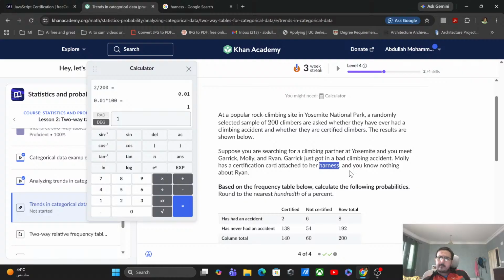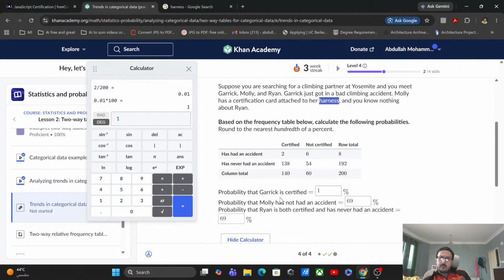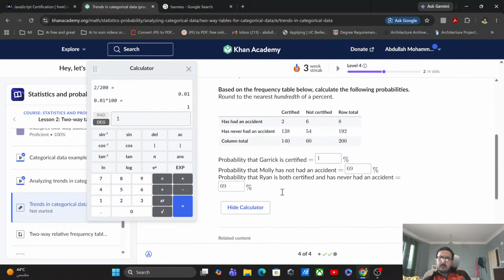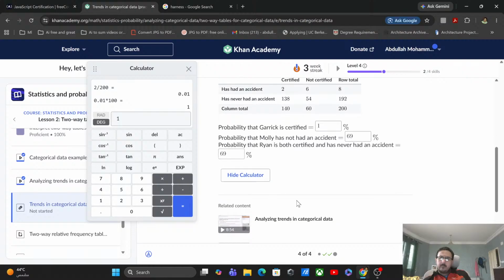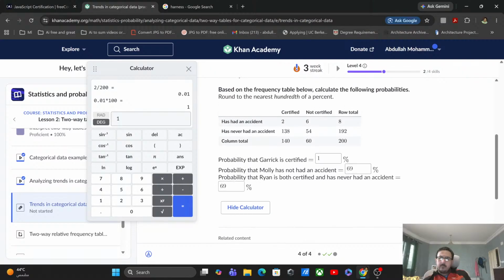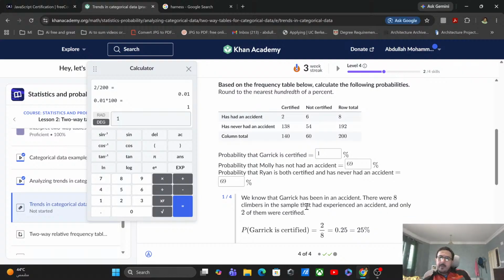Okay. Just show me a step. There were 8 climbers in the sample that had experienced an accident.